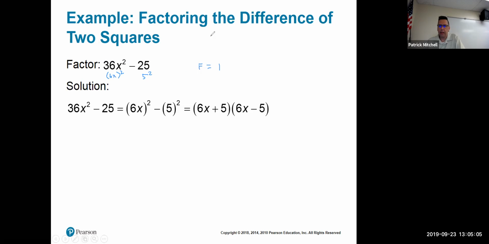And I also want to mention again, factoring problems are very, very easy to check. They're not always easy to do, but they are always easy to check. So if you're ever not sure that you have factored something correctly, go ahead and check it by using FOIL or whatever kind of polynomial multiplication makes sense.